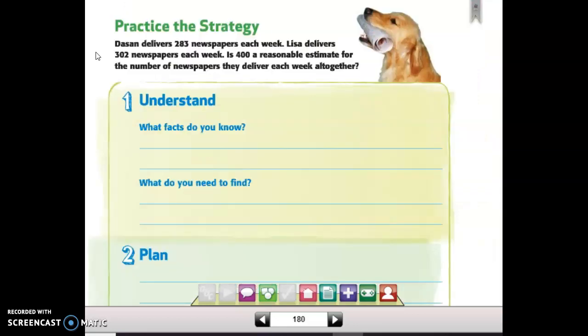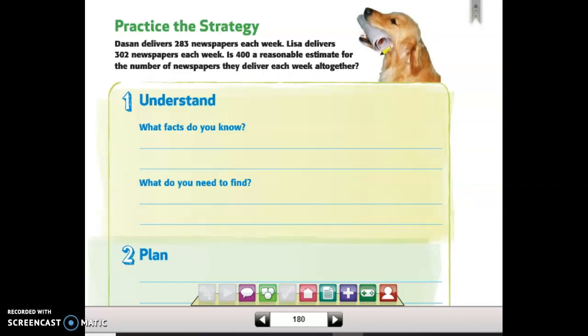Okay, example 2 has practice with the strategy. This one does give us an opportunity to round because we're talking about bigger numbers. So yay. Dasan delivers 283 newspapers each week. Lisa delivers 302 newspapers each week. Is 400 a reasonable estimate for the number of newspapers they deliver each week altogether?